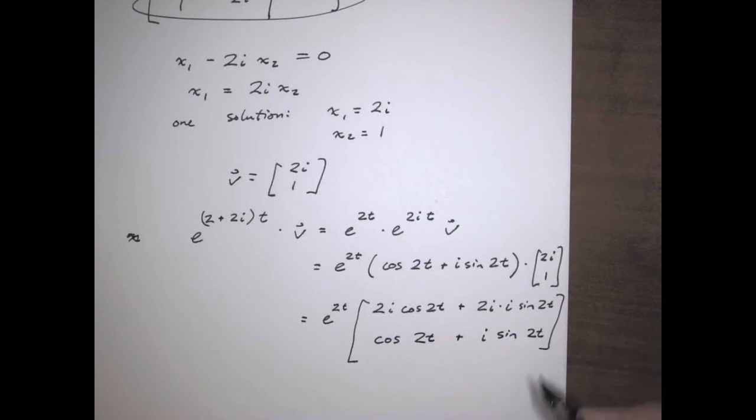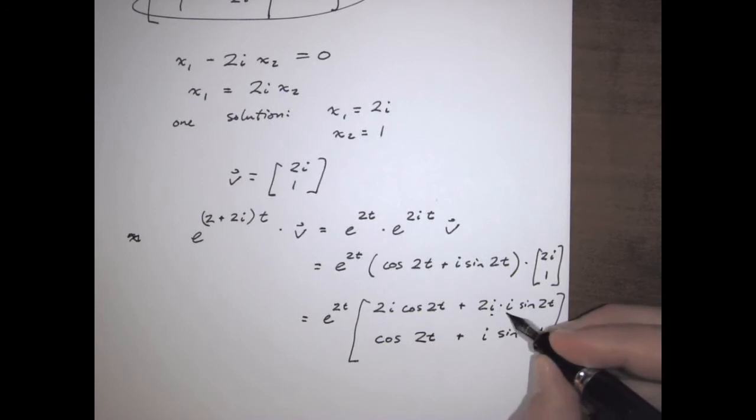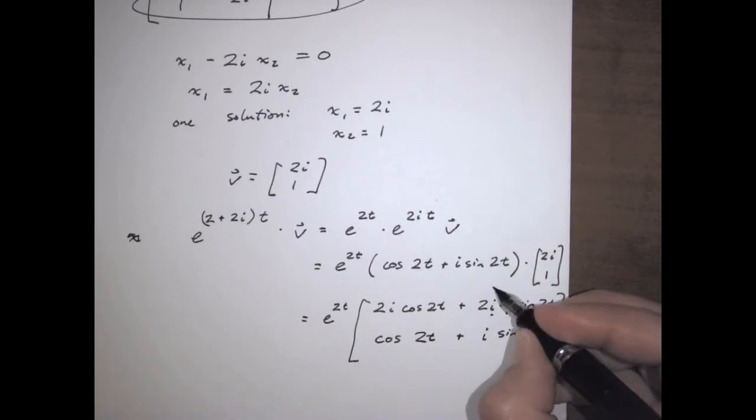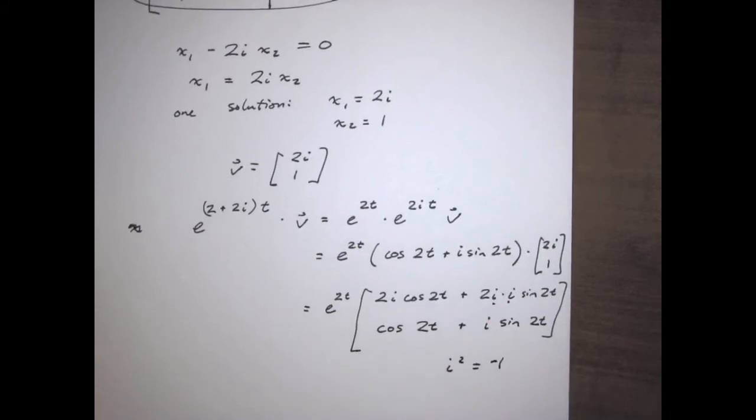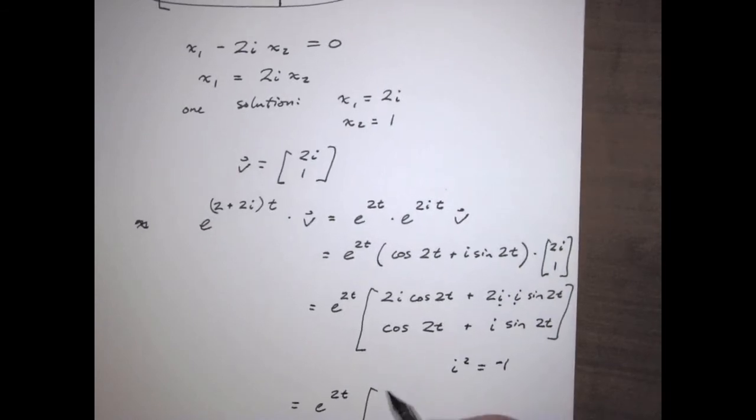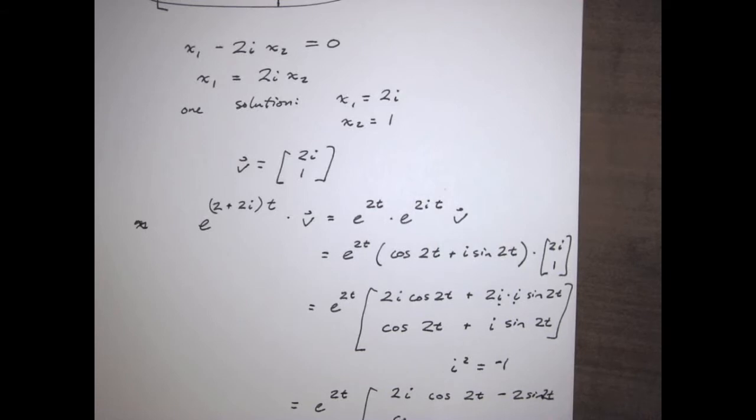But the whole point of i is that it is the square root of negative 1, so that means i times i is going to just be negative 1. And so that's going to give us e to the 2t times 2i cosine 2t minus 2 sine 2t. And over here we're going to have cosine 2t plus i sine 2t.